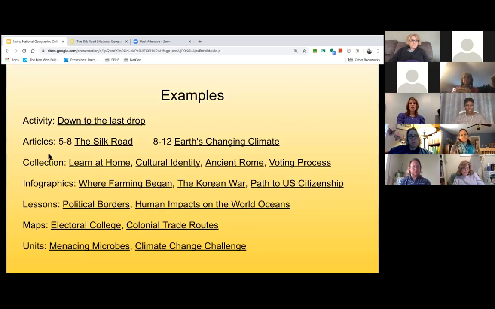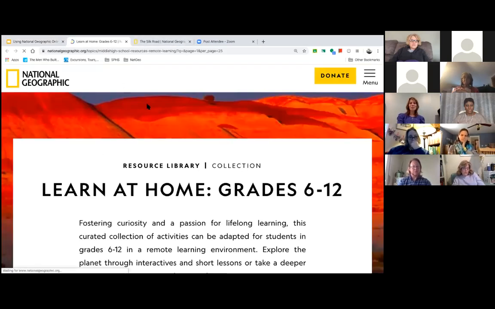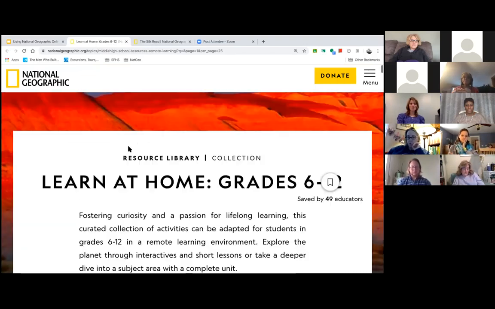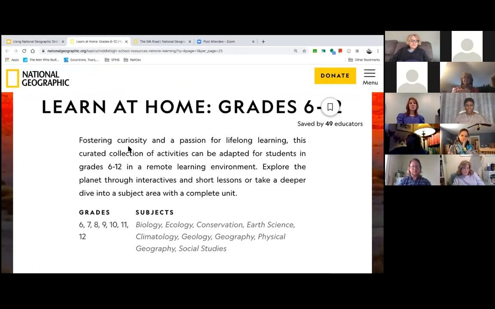National Geographic also has what we are calling collections. So a collection, one of their most popular right now, this one in particular, is their learning at home. So this one here has really tightly packaged a bunch of activities that students in grades 6 through 12 can do in their remote learning environment.